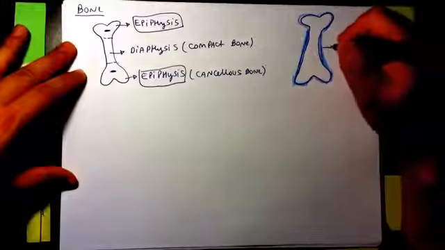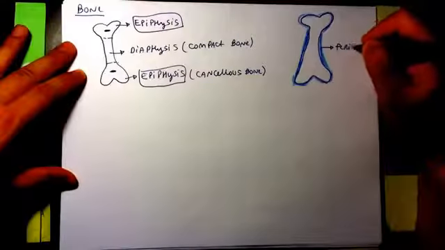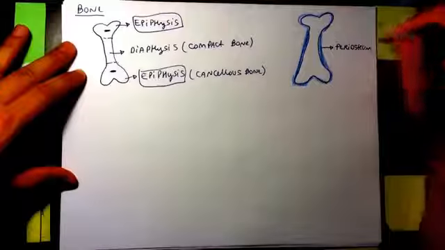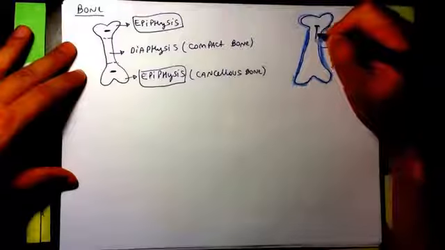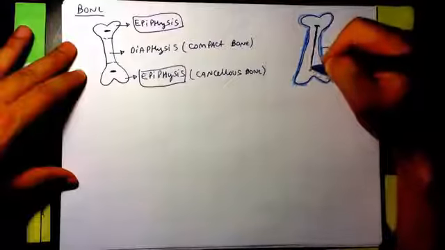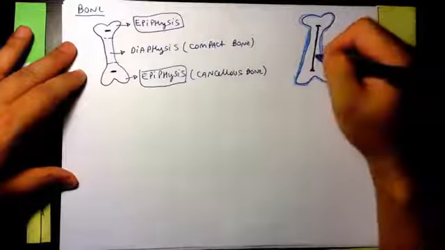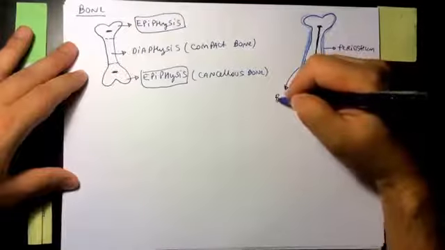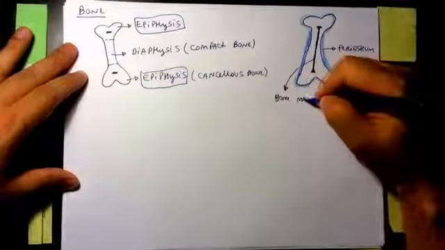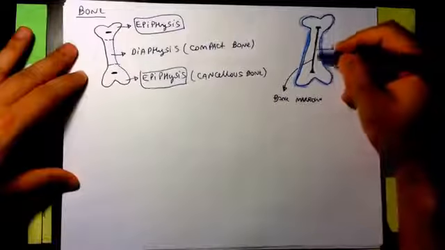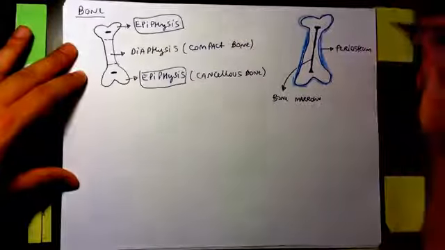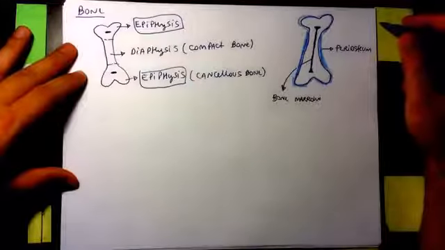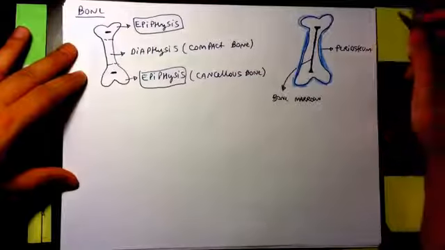So we're gonna call this periosteum. In the middle over here, you're gonna see that you have the bone marrow. And the bone marrow is where the cells are, the lymphocytes, B and T cells, and all the other cells.